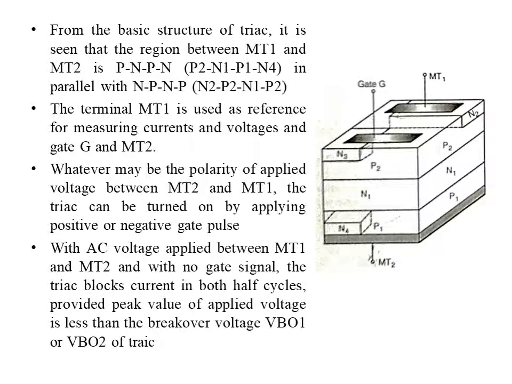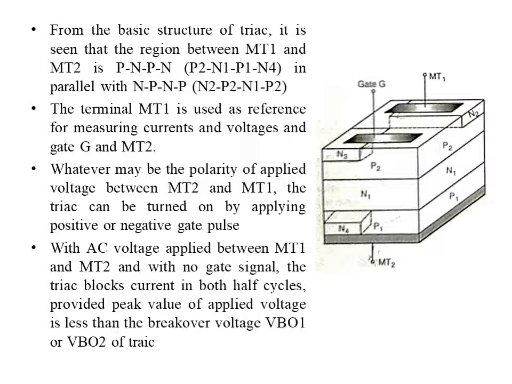With AC voltage applied between MT1 and MT2, and when there is no gate signal, the triac blocks the current in both half cycles, provided the peak value of applied voltage is less than the breakover voltage VBO1 and VBO2 of triac.